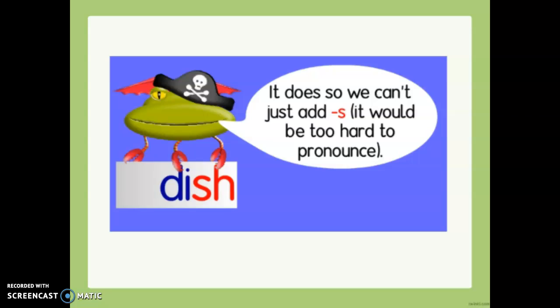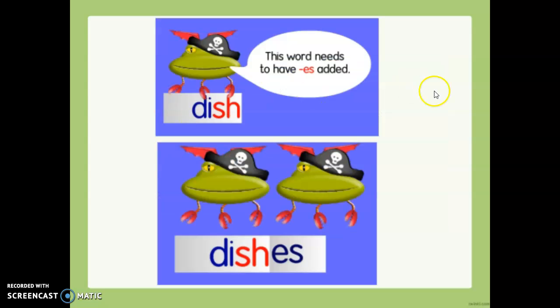Imagine if we just added S and we said dish-s. It would be really tricky to say. So this word needs to have ES. We would say dishes. Can you see? It sounds a bit different to the other one.